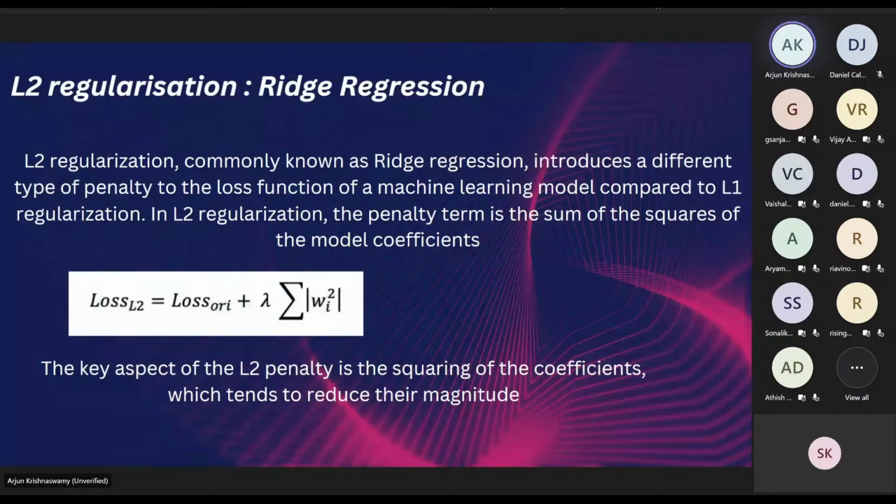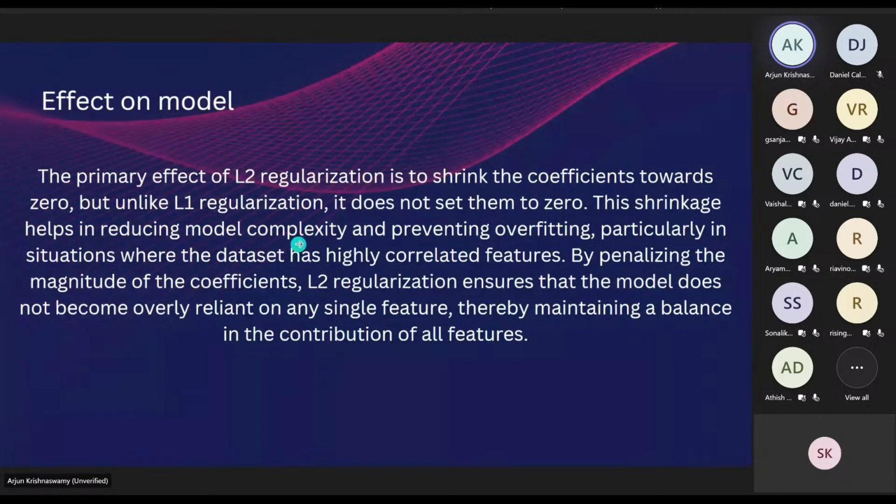So as I mentioned already, the main effect is to shrink the coefficients. But unlike L1, it does not shrink them to zero completely. And how L2 regularization helps is that although it doesn't perform feature selection like L1, it doesn't eliminate features, it still reduces the effect of some features, thereby maintaining a balance between the features.